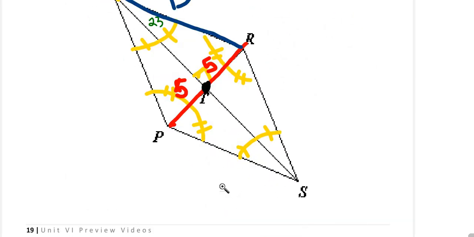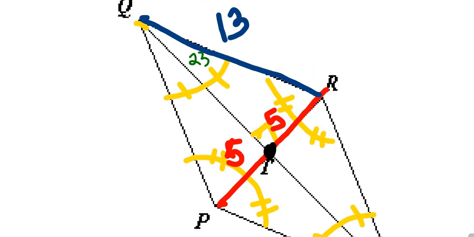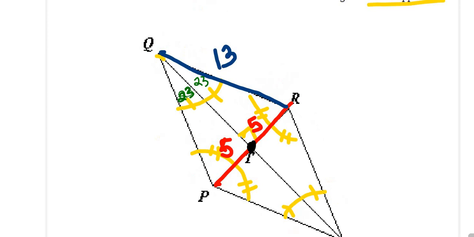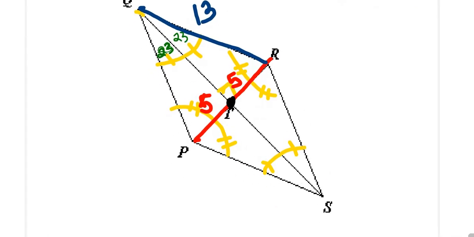Let's do the angles first because the angles are easy. If this is 23 and this is a bisector, this right here must also be 23. And if opposite angles are congruent, which we know because it's also a parallelogram, that means this is 23 and this is 23. I have a right angle in the middle.